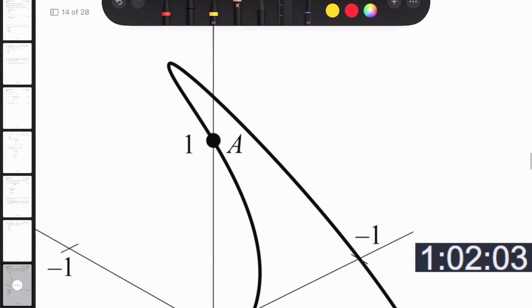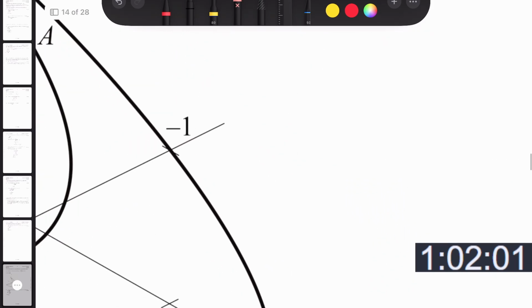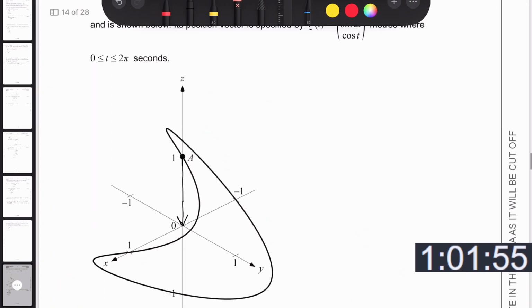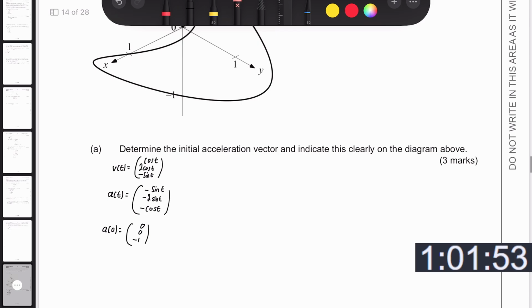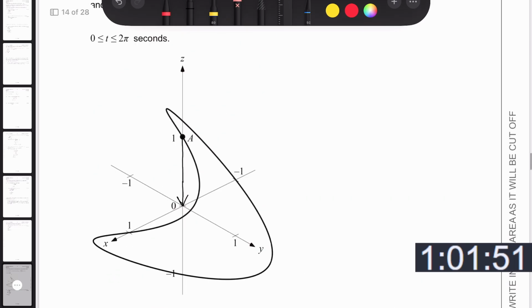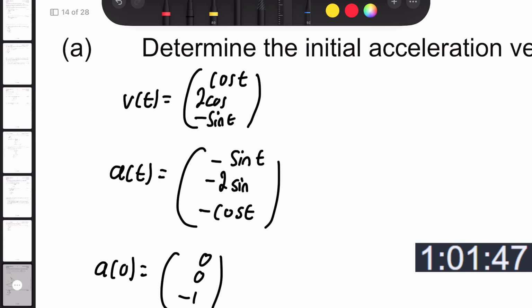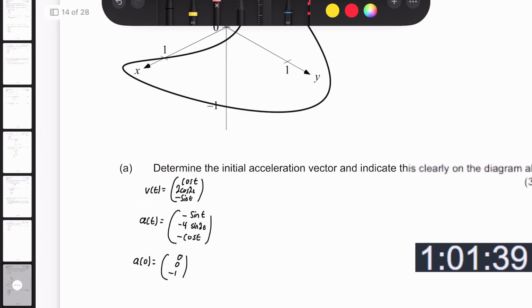Indicate this clearly, so then it's going to go straight down like that. Oh wait, no, it's 2t. So this will be negative 4 sine of 2t.